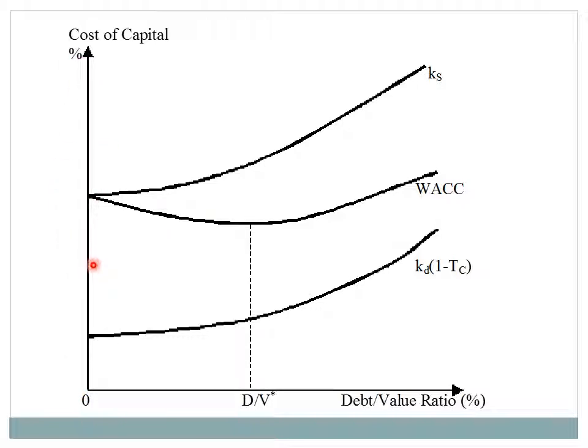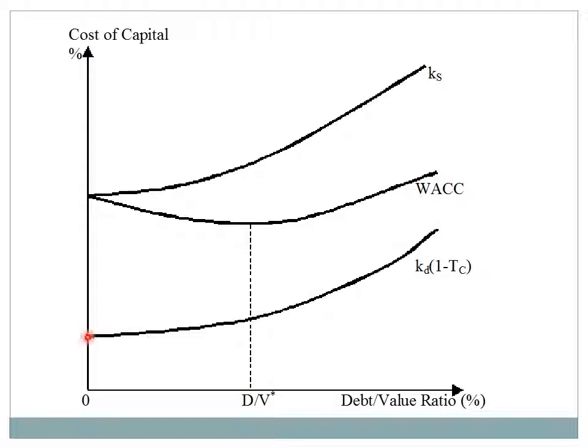Here's your cost associated with each of the sources of financing. Well, earlier when we talked about cost curves, we said the cost of debt went up very slowly initially until the market determines, okay, you're exceeding what we feel comfortable with in terms of debt, and then it goes up very quickly here. Okay, that's your cost of debt curve.